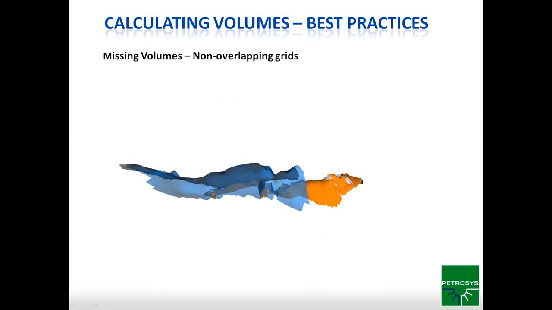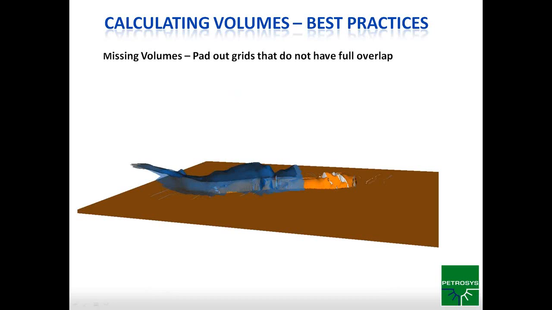In cross-section, it looks something like this, a little difficult to show in a PowerPoint, but it's very common for users to have a model like this, introduce a horizontal reference plane when they're creating the volumes, and they think that that horizontal reference plane will define missing portions of that lower grid, and that is untrue.